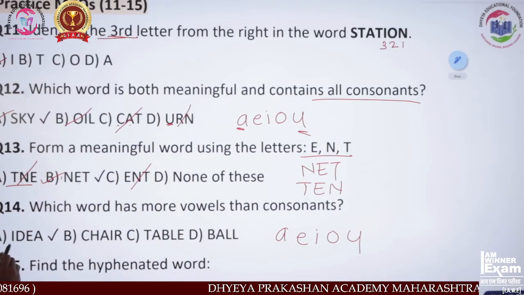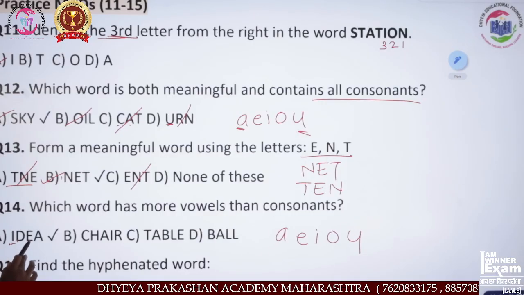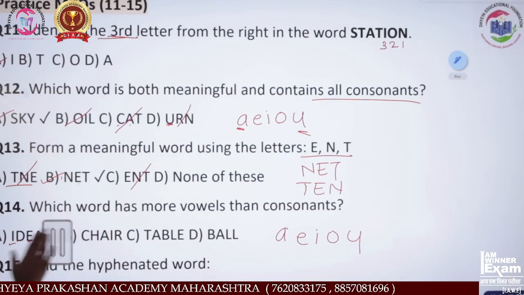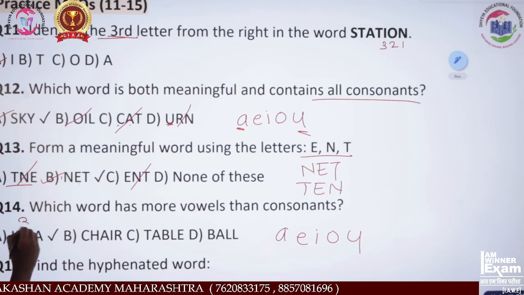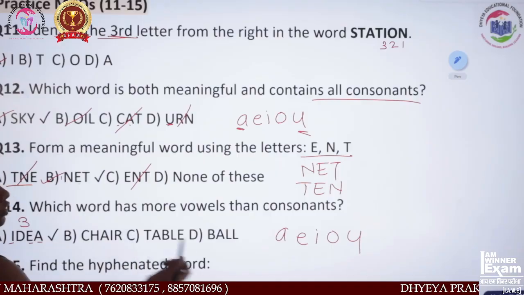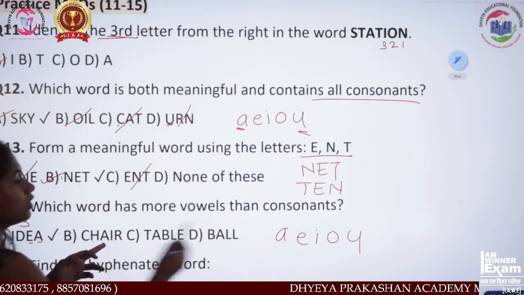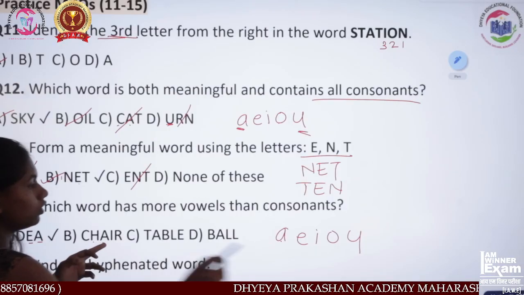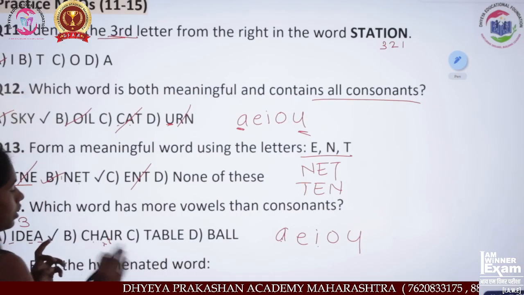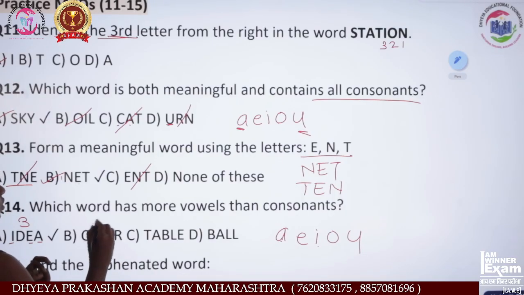Now idea. I is there, D is not a vowel, E is a vowel and A is a vowel. So this word contains three vowels, right? I, E and A. Next, chair. C is not a vowel, H is not a vowel, A is a vowel, right? Then I is also a vowel and R is not a vowel. So this word contains two vowels.